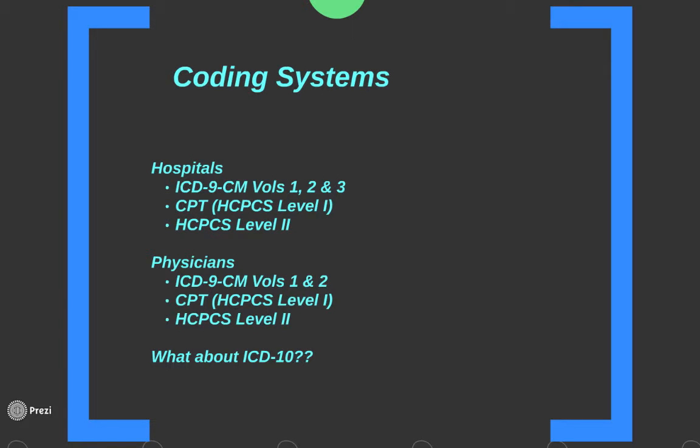Now, if you're currently working in the healthcare world, you may have heard a bit about ICD-10. And what is the deal with ICD-10? We were supposed to be making a change in code sets effective in just a few months. It's probably one of the biggest changes in the reimbursement and coding world ever.